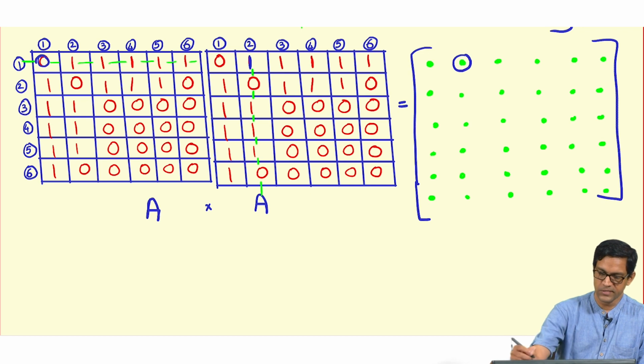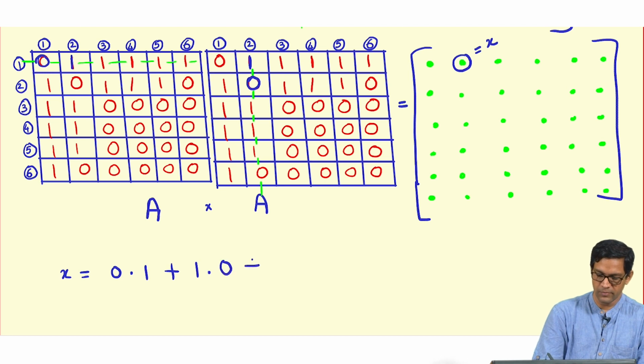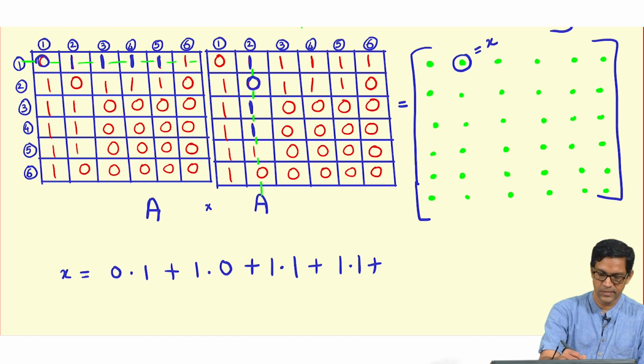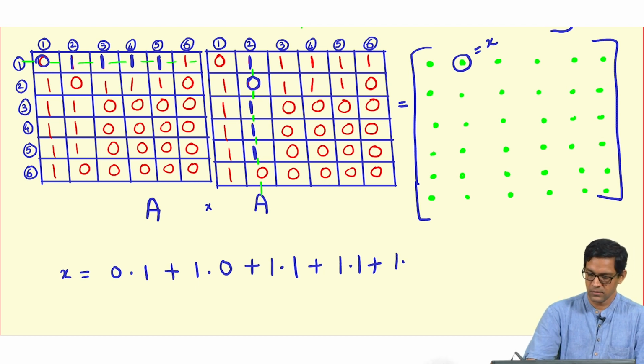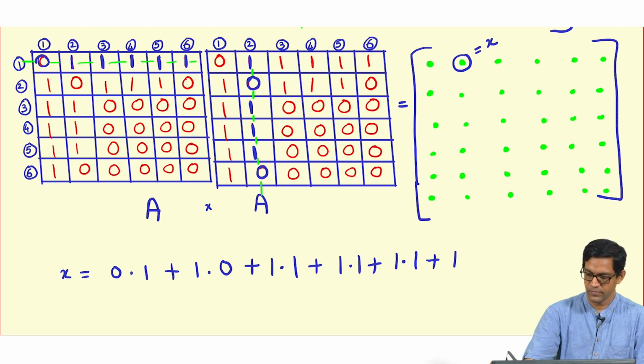This entry, we call it X, becomes the following: 0 times 1, that is the first term of the answer, plus 1 times 0, that is the next contribution, plus 1 times 1, this times this, 1 times 1 again, plus the next term 1 times 1, and the last term is 1 times 0.